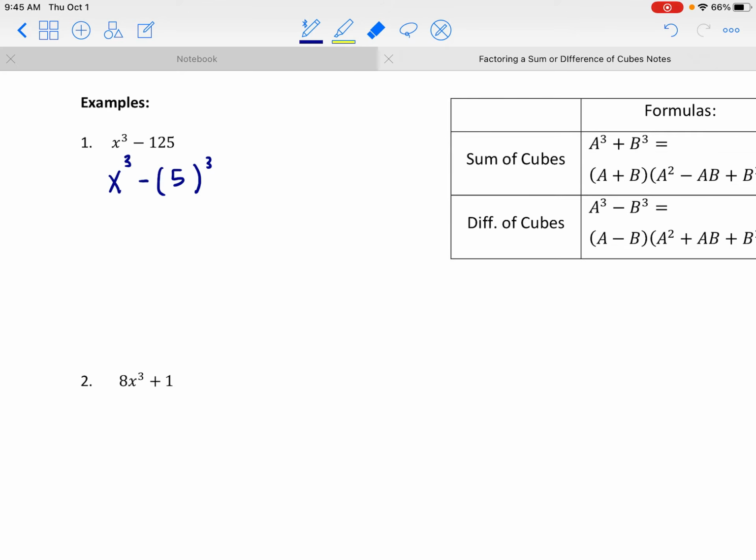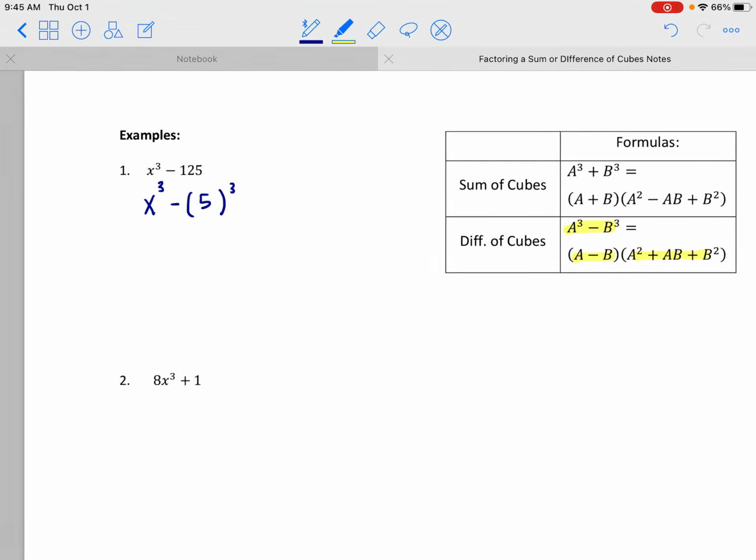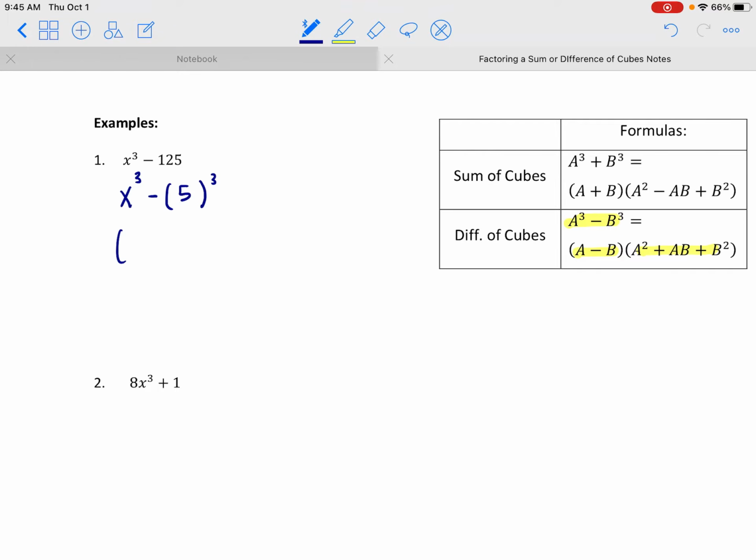Now I can see that this is what I'm going to be trying to factor into, this binomial times this trinomial. So I'm going to set up my parentheses for my binomial and for my trinomial. I know my signs are going to be the same sign that I started with, then the opposite, and then the last one's always positive.